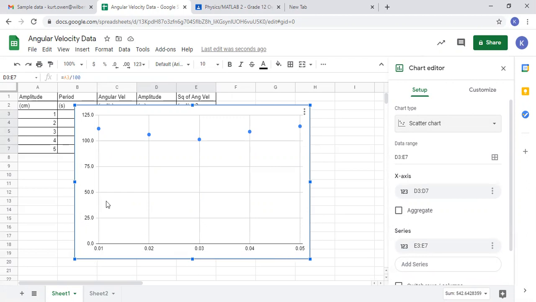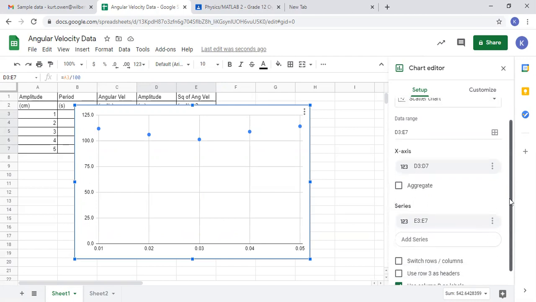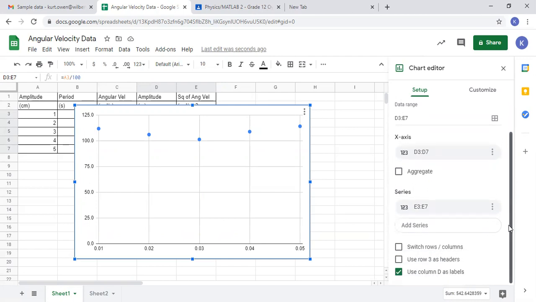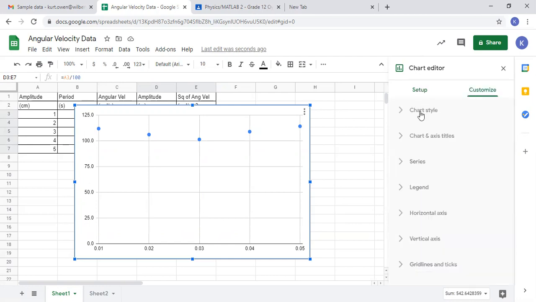That's good. What I like is that the y-axis actually does start at 0. Okay, so let me look at this. The x-axis is that. Use column D as labels. No, we're not going to use column D as the labels. So let's customize now. Okay, chart style.